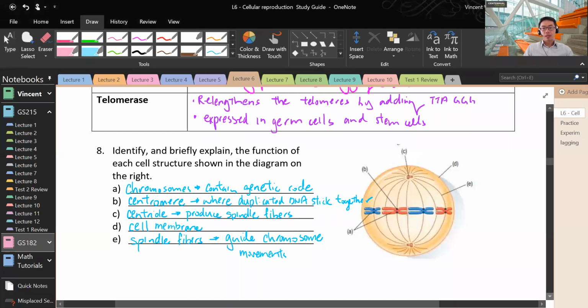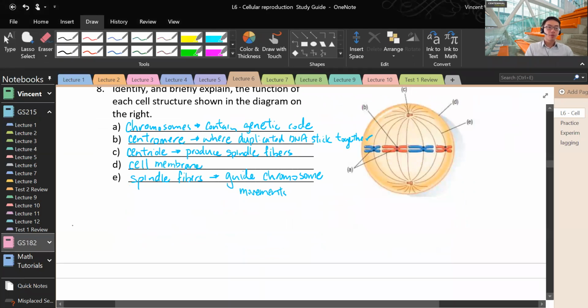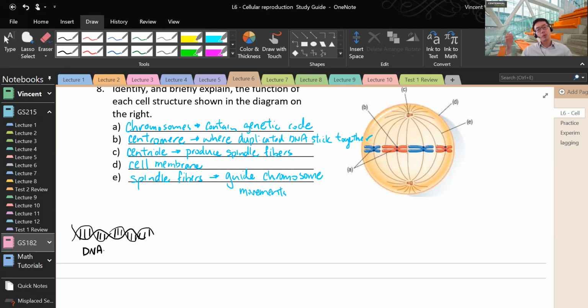Okay, we should quickly talk about DNA a little bit. This is the form we are familiar with, the double helix DNA, with nothing else attached to it. Now this DNA is very, very long and will not fit in the nucleus.